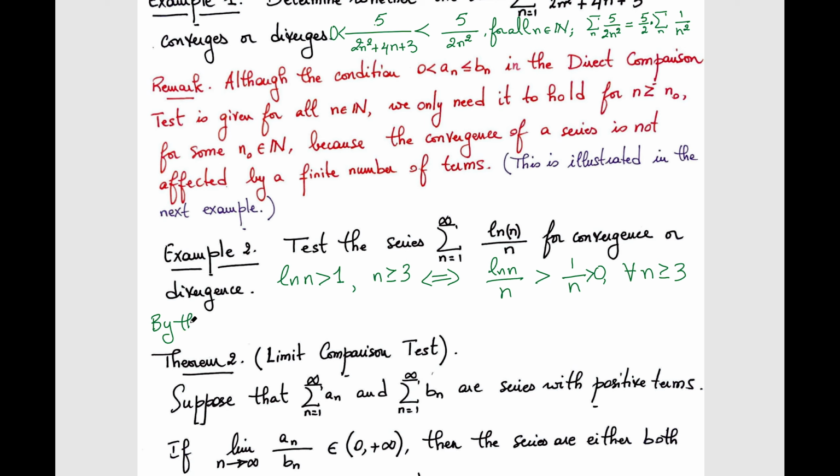So by the direct comparison test, DCT, and the fact that the harmonic series is divergent. Okay, let's be specific here. So this series starts at 3, is divergent.